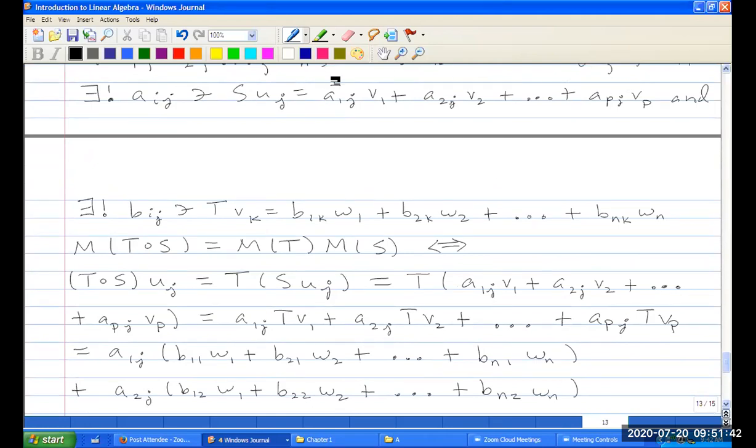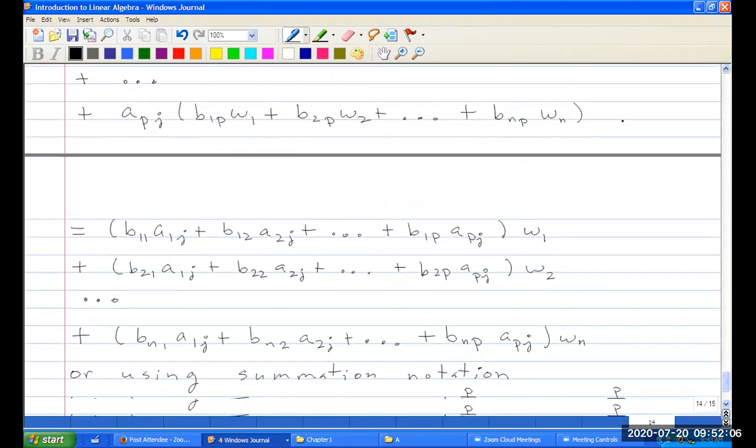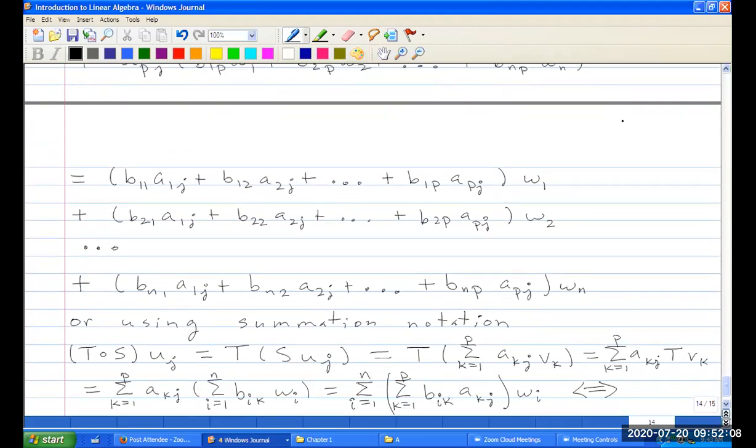It's just the sum over i of A ij Vi going from 1 to P. Let's see what notation I used. What was the dummy index? I used k.